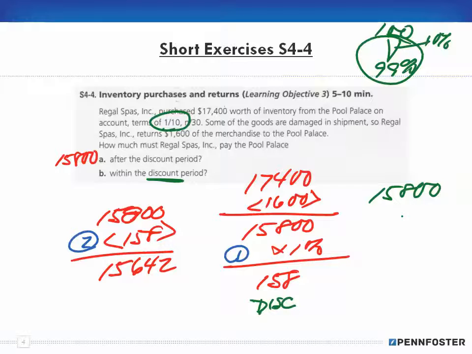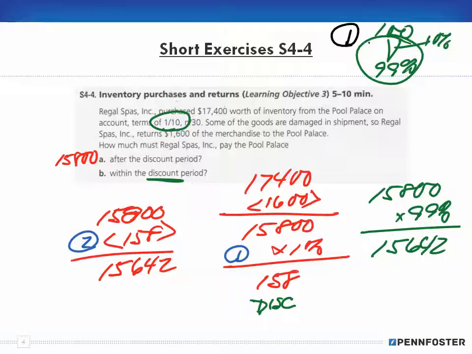So I could actually just take the 15,800 and multiply that by 99%, and I come out with the same exact thing, $15,642. So basically, mentally, I'm doing two steps: one, I'm taking 100% minus 1% to get 99%, and then two, multiplying by 99%. But notice that doing number one here, mentally it's a lot easier.